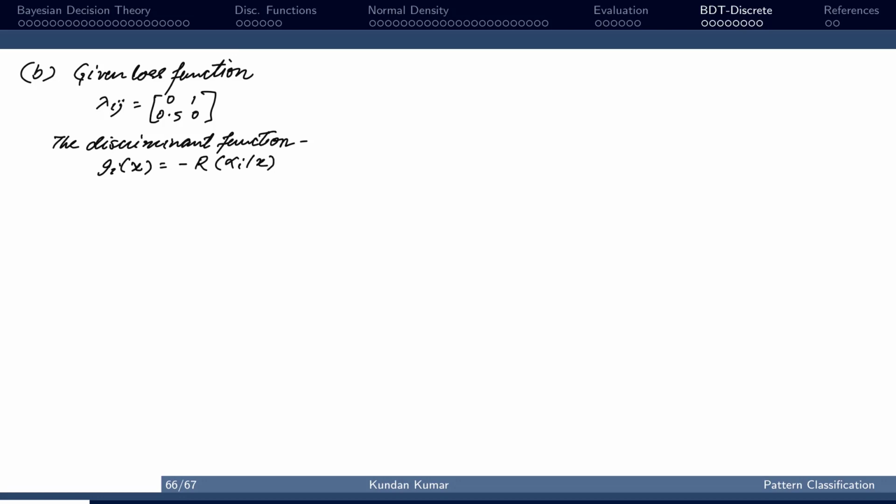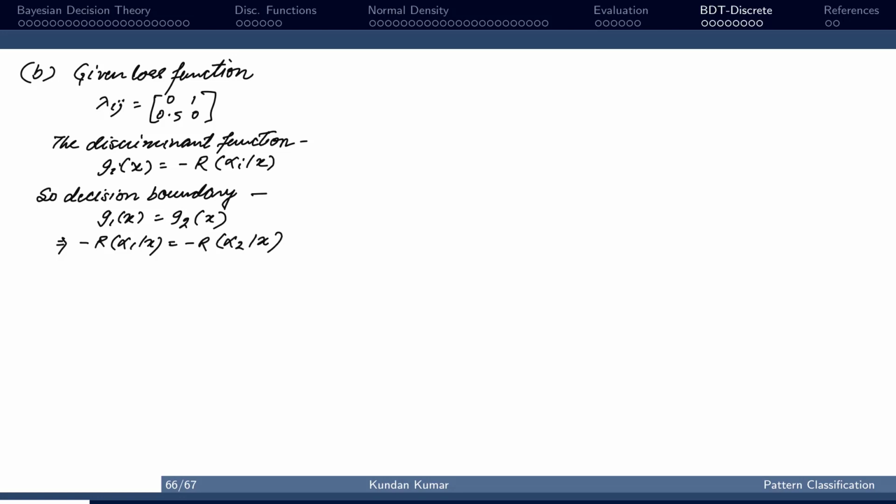So our decision boundary will be g1(x) equal to g2(x). Because it is a two-class problem, we can write minus R(alpha 1 given x) equal to minus R(alpha 2 given x).